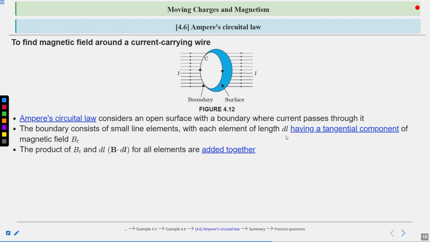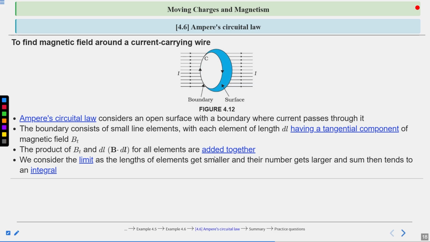So the angle between dl and B will be 0 degree. Now we consider the limit that the lengths of the elements get smaller. We are going to integrate it. The condition for integration is that the length of elements gets smaller and their number gets larger, and the sum then tends to an integral. So if we decrease the length of the elements to a very small value and increase the number of elements, then this normal sum of elements tends to an integral.